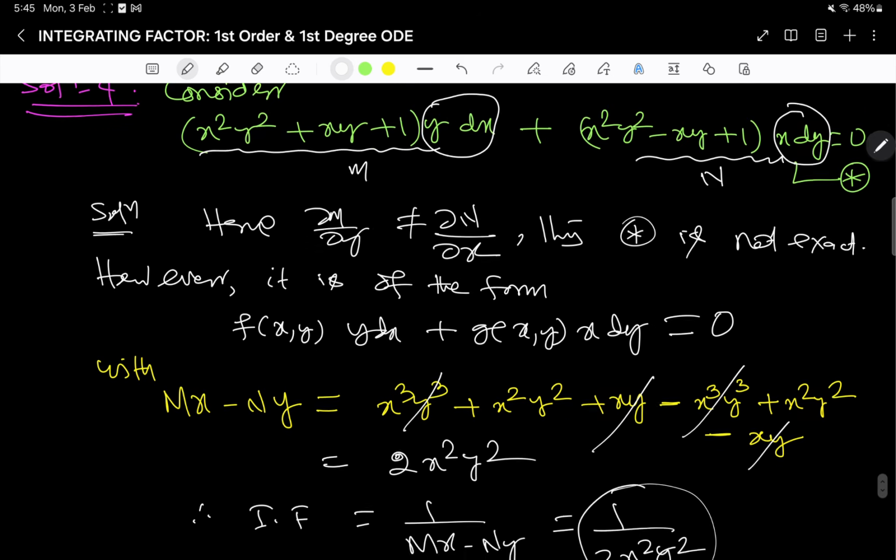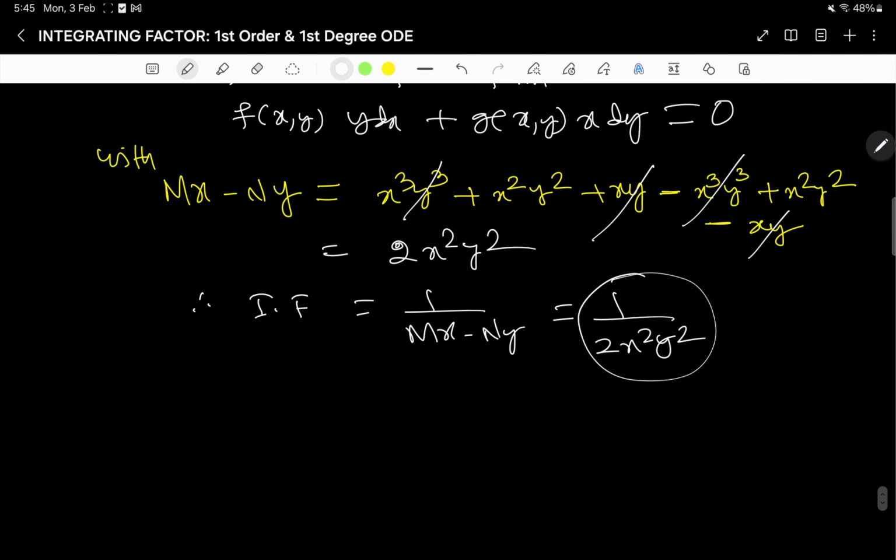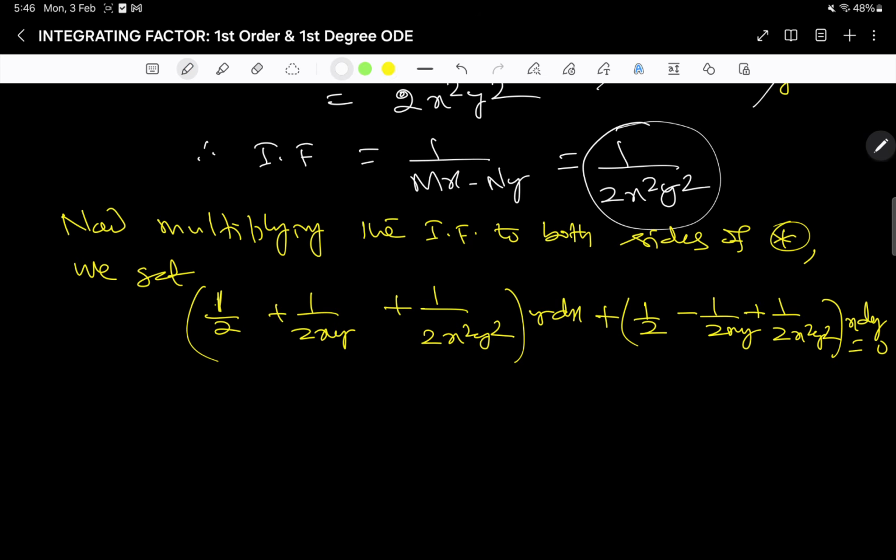Now I multiply the integrating factor to both sides of star. If you further simplify it, 2 will be taken out, 2 is multiplied throughout.